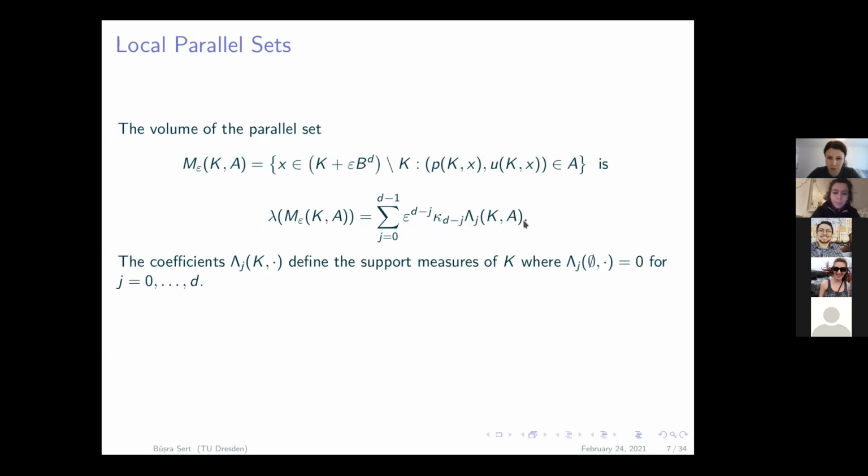They are defined as coefficients of this polynomial. For example, when we choose the whole space and the whole sphere, then the jth support measure coincides with the jth intrinsic volume. And we will use those support measures for defining Minkowski tensors.